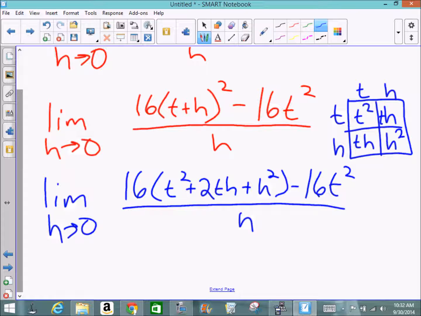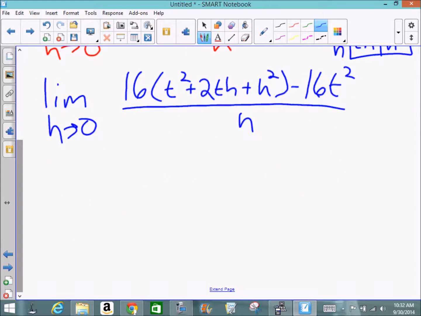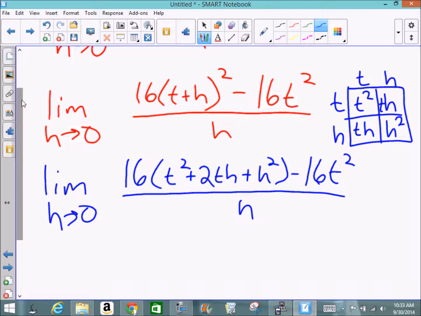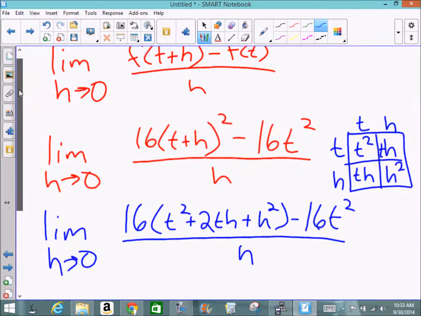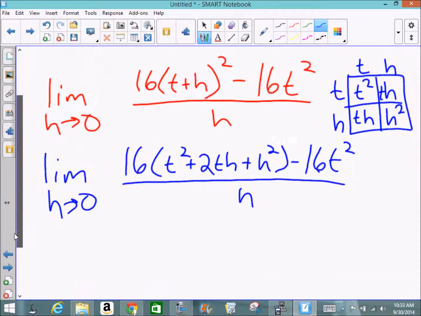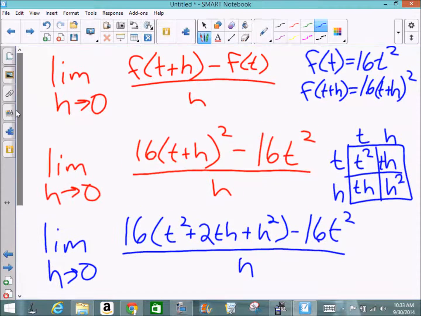So what I'm going to do next is distribute the 16 through the parentheses, and that should give me 16t squared plus 32th plus 16h squared minus 16t squared. Now what we want to remember is that f of t is 16t squared, and f of t plus h is just going to be 16 times (t plus h) squared, and that's where that information came from. And we're just expanding it and cleaning it up and seeing if we can simplify and get some sort of answer.